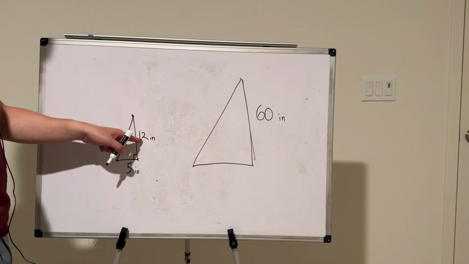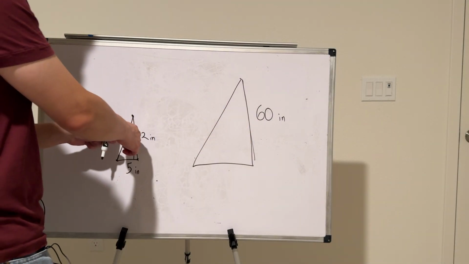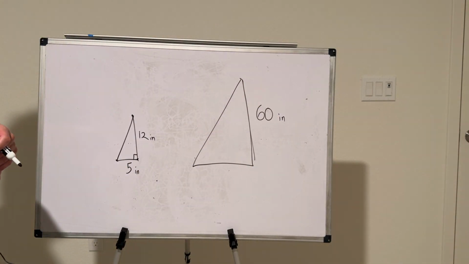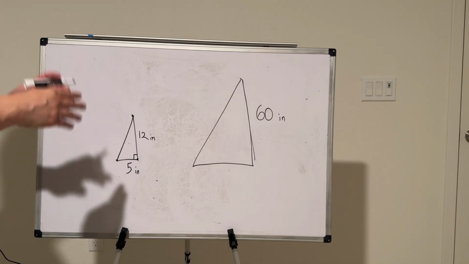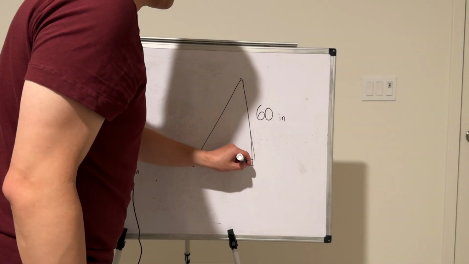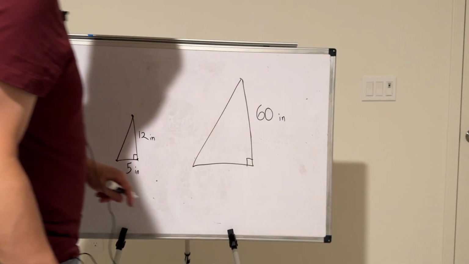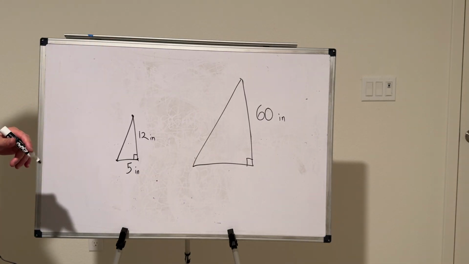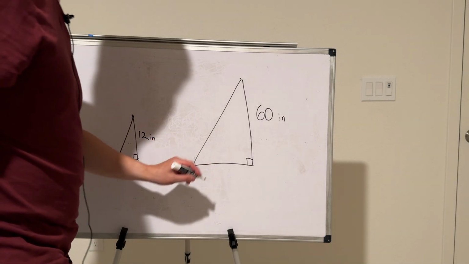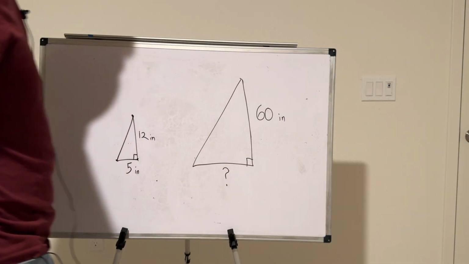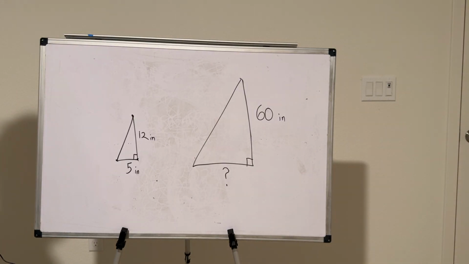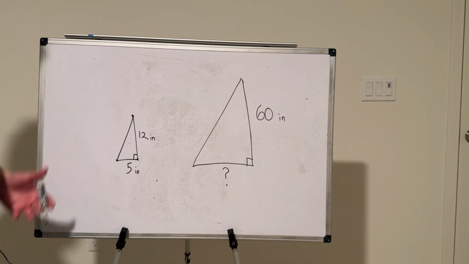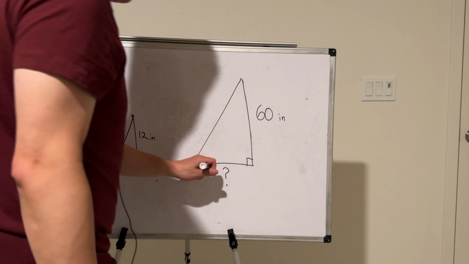So from 12 to 60, if I blow this up so that it's that much bigger, the question is, if this triangle remains proportional, so I have a similar triangle, then how big will this part of the triangle be? How long will that side be? That's my unknown, so I'm going to call that x.